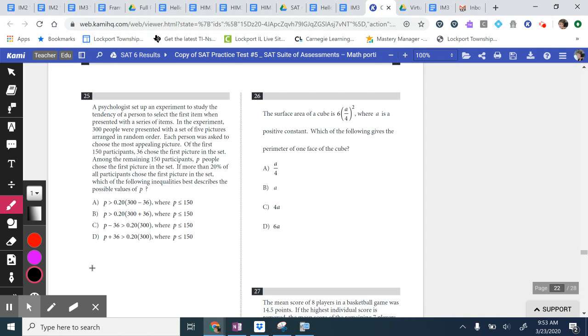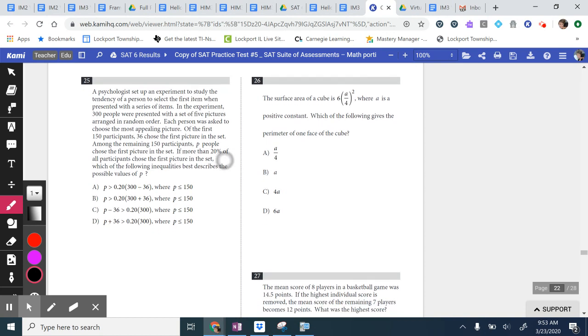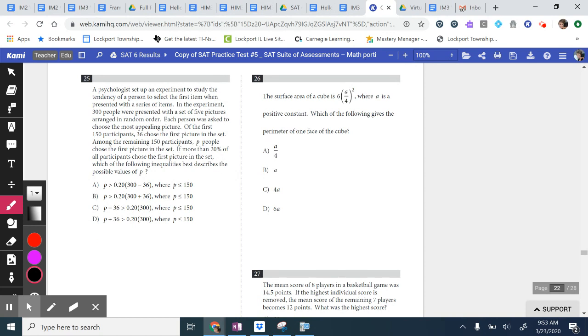In this experiment, 300 people were presented a set of 5 pictures arranged in random order. Each person was asked to choose the most appealing picture. Of the first 150 participants, 36 chose the first picture in the set. So we've got 36 out of our total 300 picking the first picture.